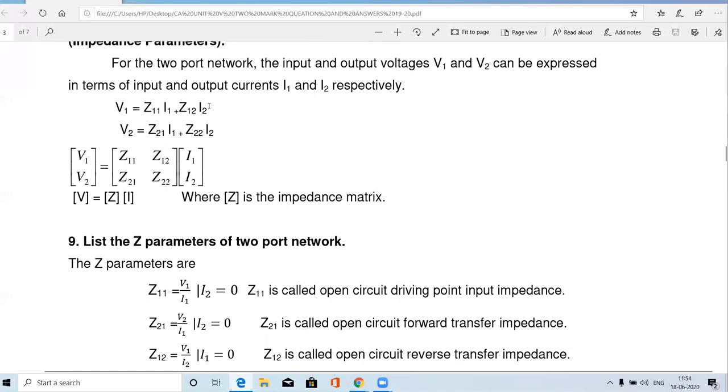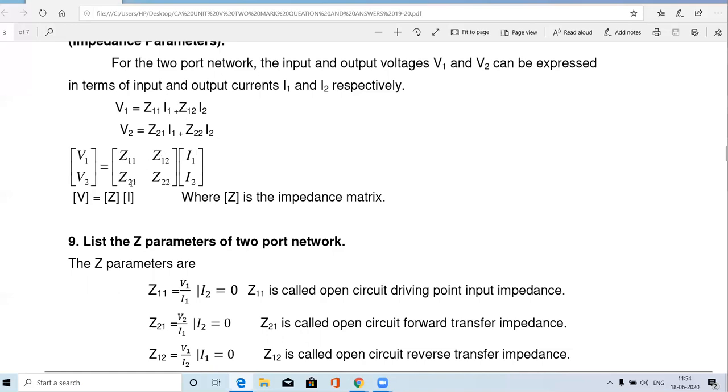We may convert these two equations into matrix form. On the left side we have V1 and V2, equal to, and the variables are I1 and I2. In the 2 by 2 matrix, in the first equation the coefficient for I1 is Z11 and the coefficient for I2 is Z12.